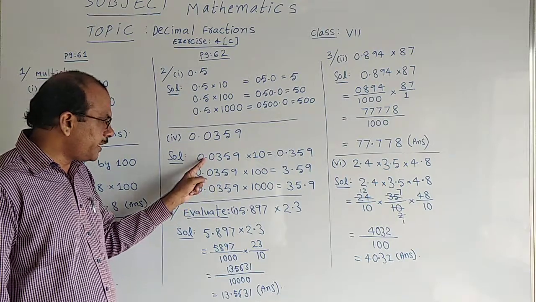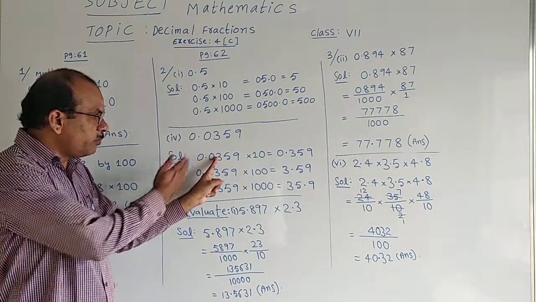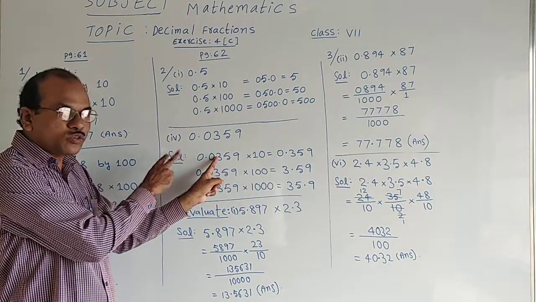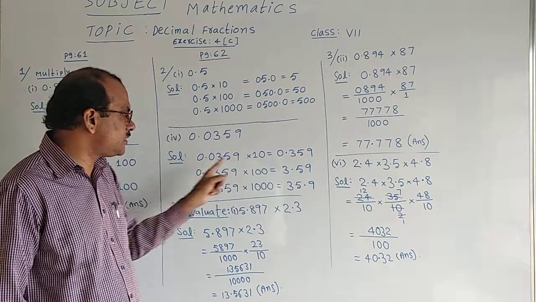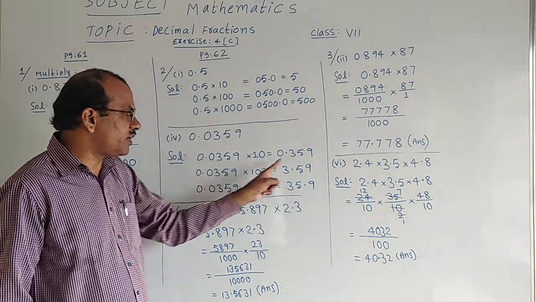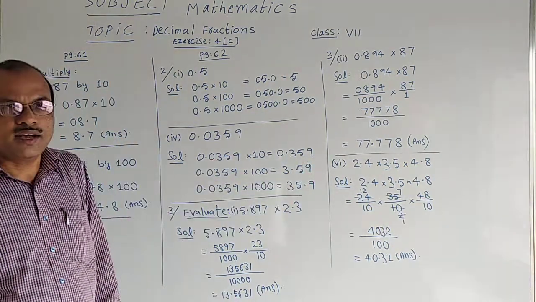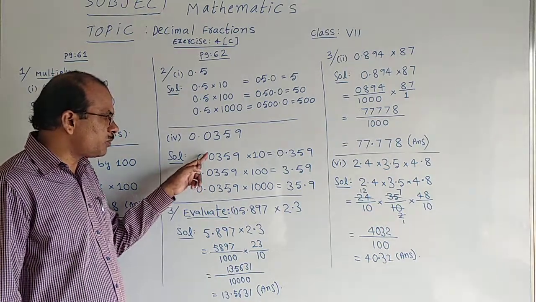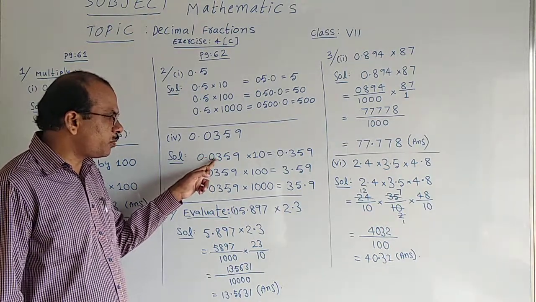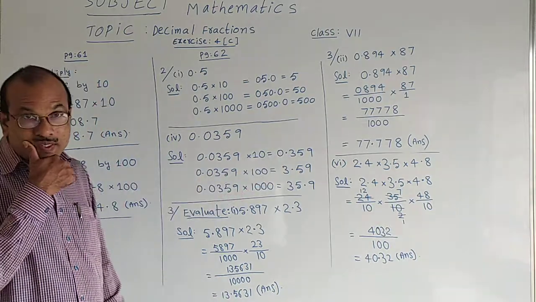Then the point should be placed here. Before the point we have two zeros, which have no value. So 0.359 is written. I hope it is clear for you. Actually the point is here and it should move up to there. That's why 0.359 is the answer.